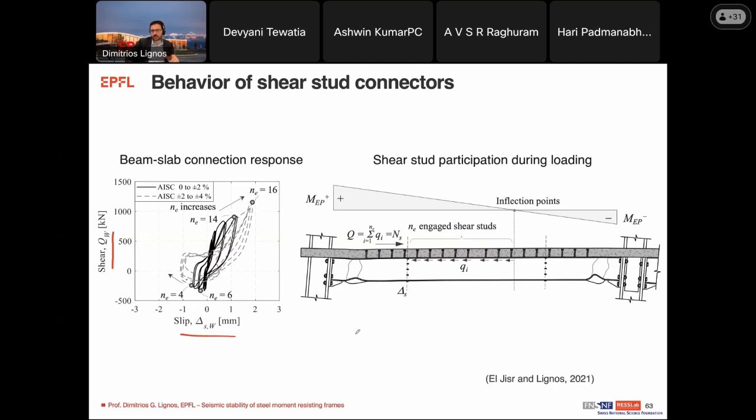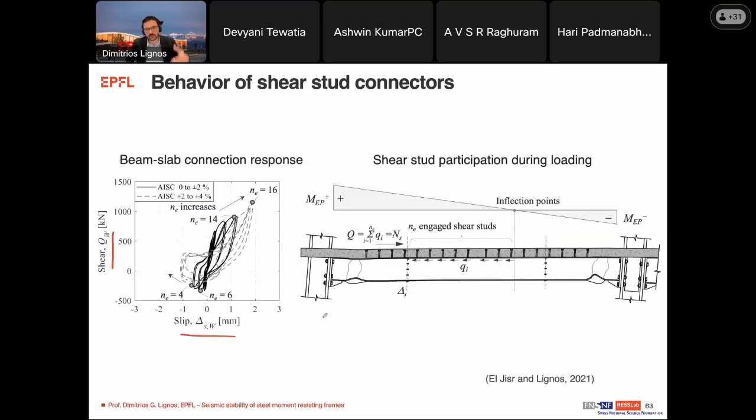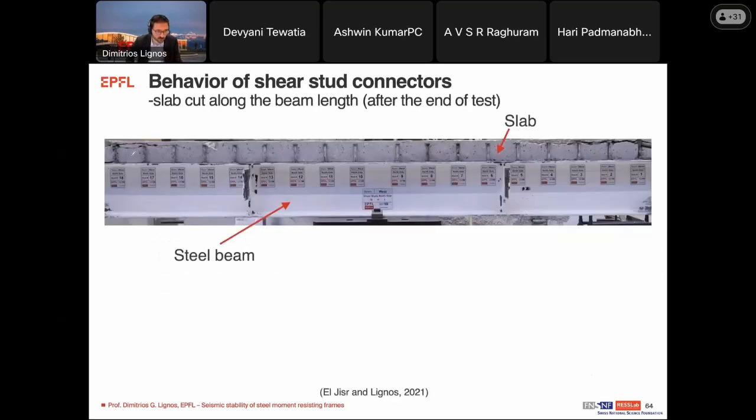But what is important here is to also correlate this with what we discussed earlier with the 25% reduction on strength that we usually put as a penalty in seismic provisions. And for this, what we did is we cut the beams with a diamond saw so that we can inspect the studs after the end of the test.